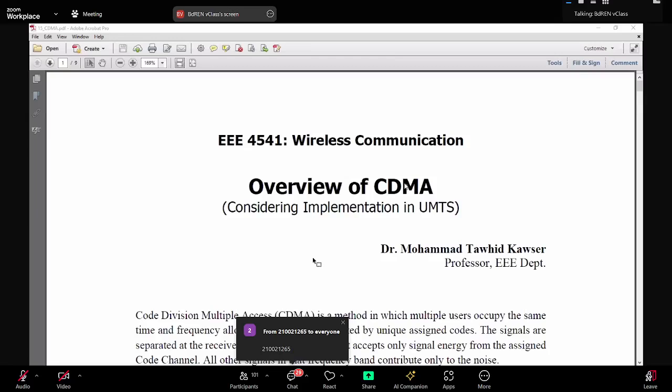But CDMA gave a new concept. Currently, LTE does not use CDMA for this resource sharing. It's true. But there are some concepts where CDMA is still popular. So the discussion of CDMA still makes sense. CDMA is not an obsolete technology, definitely.